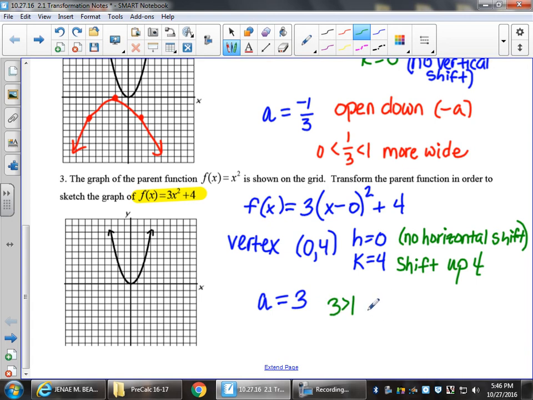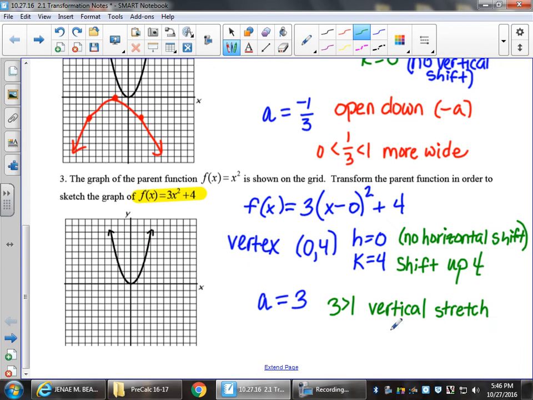So we know that we will have a vertical stretch. The best way to describe this in words is when you stand up after you've sat for a really long time and you stretch up. Literally imagine we're going to actually stretch this graph up.